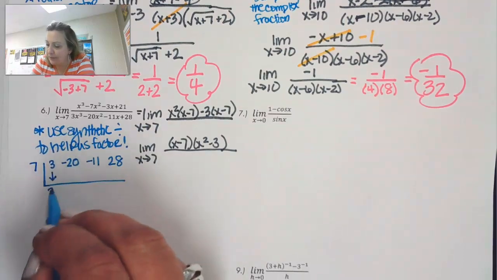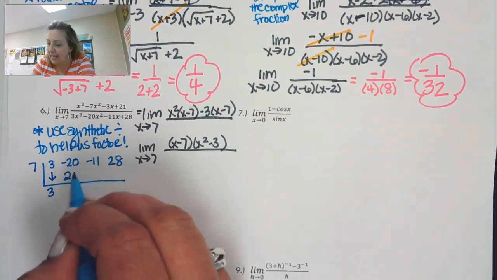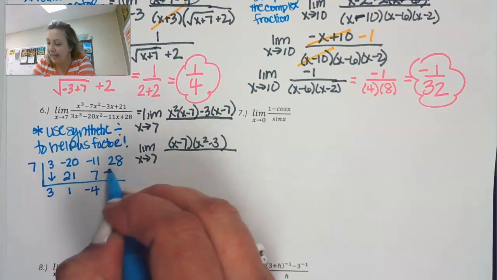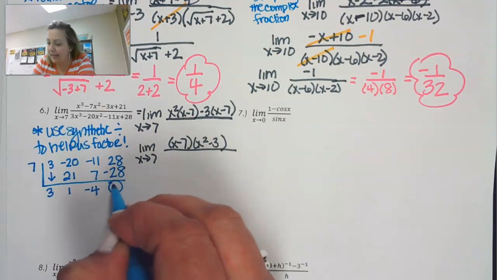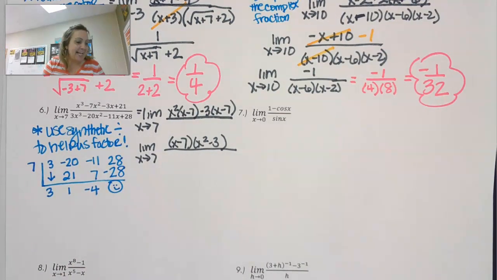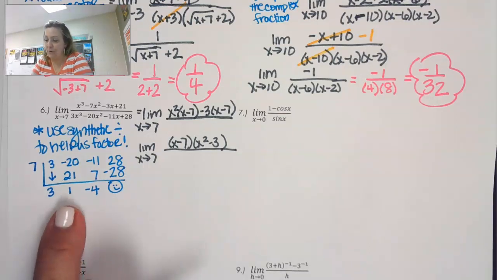So I'm going to bring down the 3, multiply and add, multiply and add, multiply and add. Oh my goodness, so much fun, all right? And so what we see is that we have this factored form.